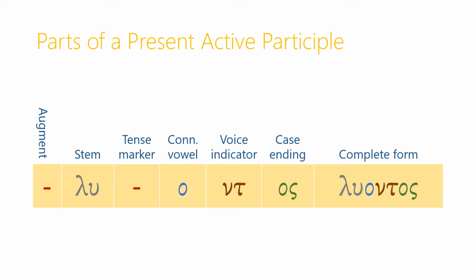So both of those features, again, resemble the second aorist participles. The voice indicator, as always, is nu tau for the active, at least in the masculine and neuter. And for the case ending, we use the regular third declension case endings for masculine and neuter, and first declension for feminine. So we get the completed form, masculine, genitive singular, luontos.